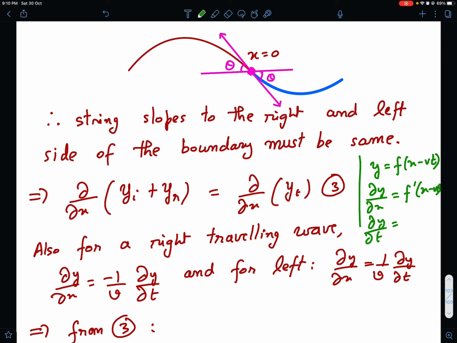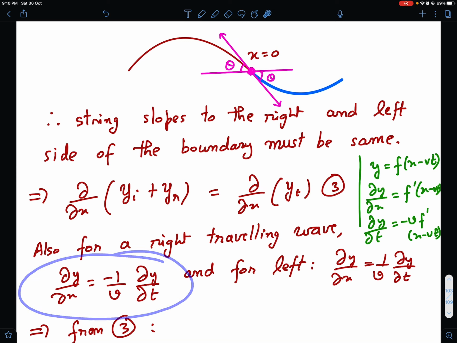Whereas del y by del t, if you do it by chain rule, you will get a minus v also outside. So it will be equal to minus v times f dash of x minus vt. So if you adjust that minus v, you know that del y by del x is simply minus 1 by v times del y by del t. I hope you understood this rough work.